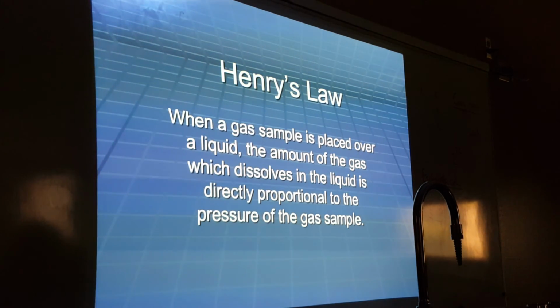And so suppose you're 200 feet below the surface of the ocean and you're breathing your air at a pressure of 5 atmospheres. Then the PN2, the partial pressure of nitrogen, will be 5 times 600, will be 3,000 millimeters of mercury.